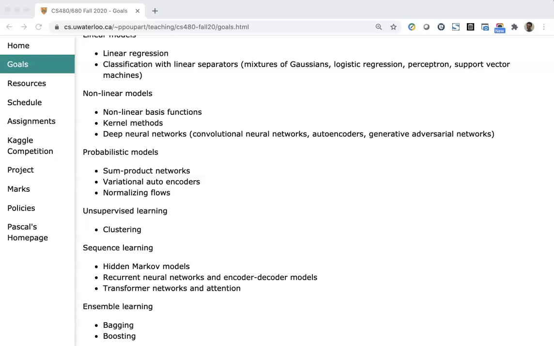So for instance, if we have a sentence, which is a sequence of words, or a time series, then we'll see some algorithms that are suitable for this. We'll start with hidden Markov models, which are quite classic. Then we'll talk about recurrent neural networks and encoder-decoder models that are more recent. And finally, very recently, we'll talk about transformer networks and attention.